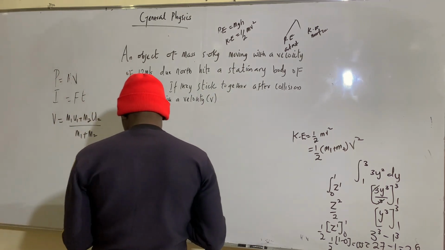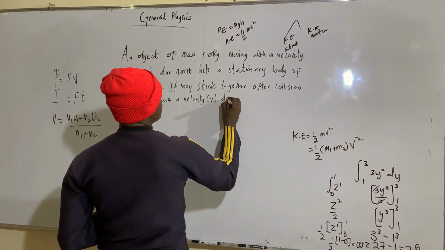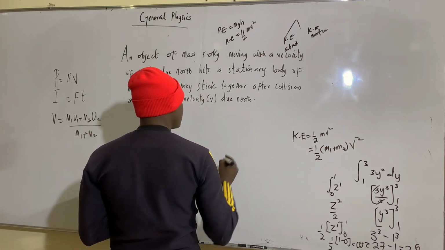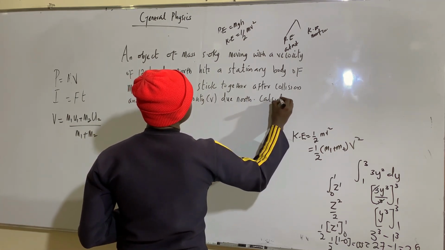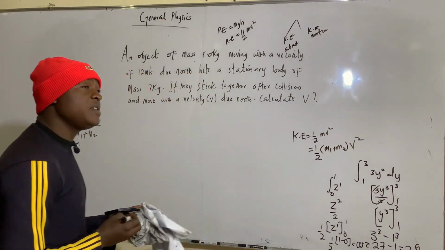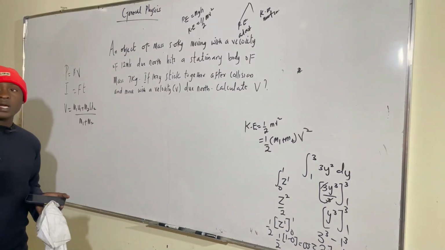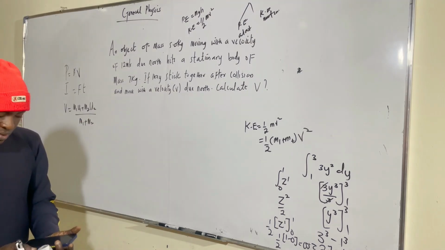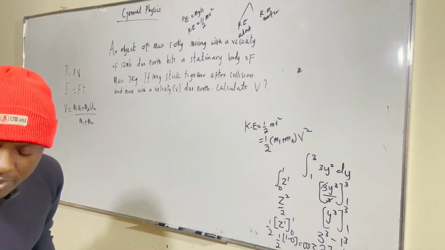The question said due north. That means they go in the same direction, right? Due north. Calculate v. So please, it depends on the problem. If they are moving in different directions, I will include that in our material. The only difference is we are going to have a negative between them, but I will include that for you in our materials.